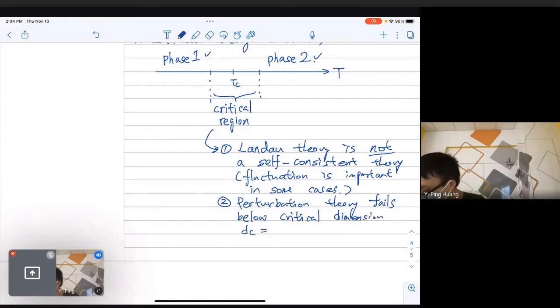The critical dimension for phi-4 theory is 4 dimensions, and we are living in a 3-dimensional space. So the phase transition in our physical dimension cannot be treated using perturbation theory.